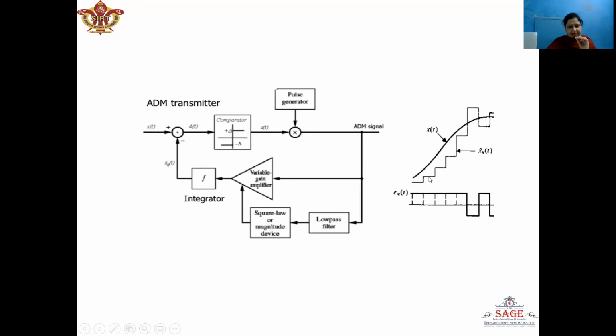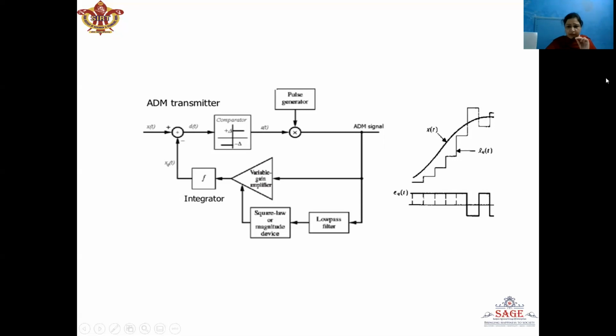Now, as the approximated signal goes on increasing, we can see the variation in the step signal. There will be a change in the step signal as the approximated signal is increased by the step size every time; there is an increase in the step size according to the variations in the input signal.